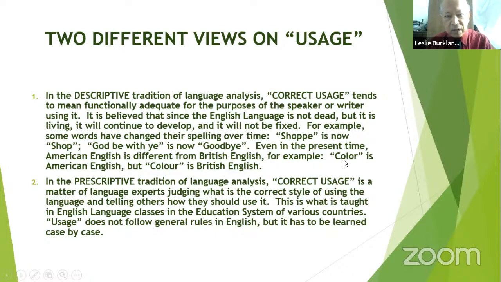What the Americans did when the English colonists from the United Kingdom migrated to the American continent was to simplify their language so that the pronunciation and the spelling would match. And that is why they left out the U and just had C-O-L-O-R for color.